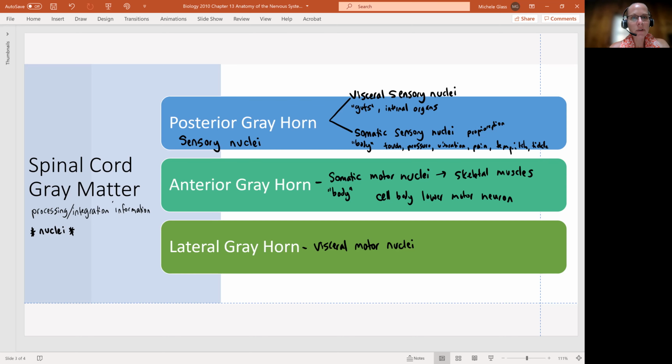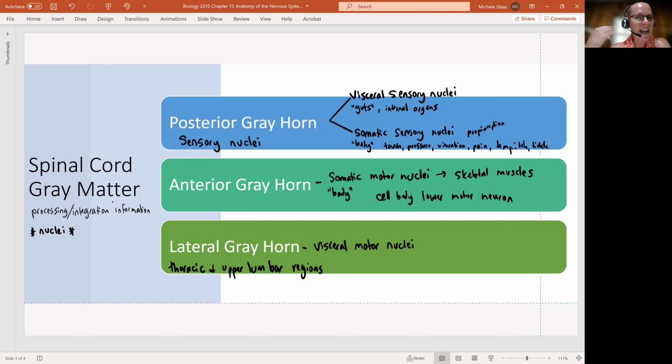When we look at the lateral gray horn, we'll see that this is actually only going to be located in the thoracic and upper lumbar regions of the spinal cord. So the posterior gray horn is throughout the entire length. The anterior gray horn is throughout the entire length. The lateral gray horn is only in these specific regions. And so we can connect that to the idea that it contains the visceral motor nuclei.